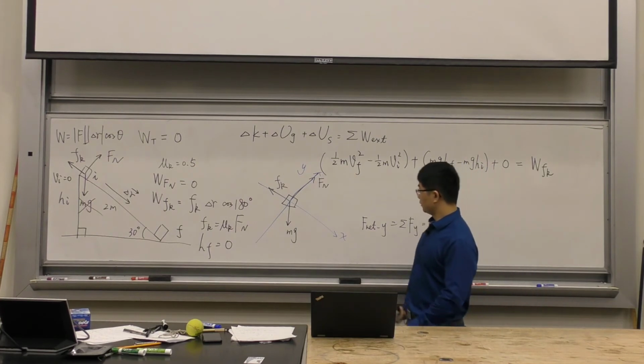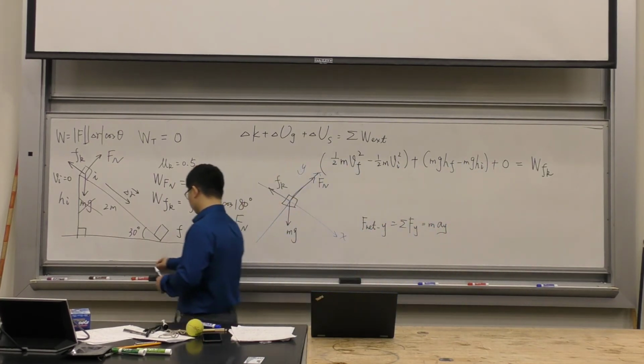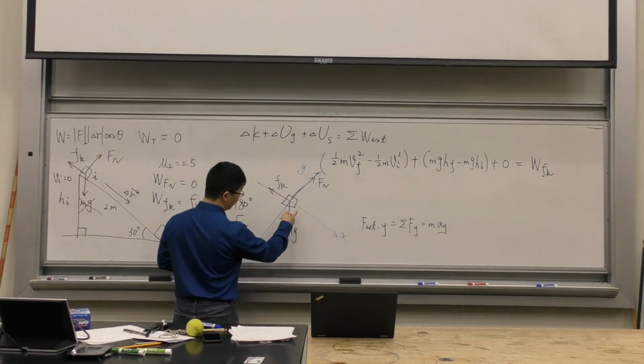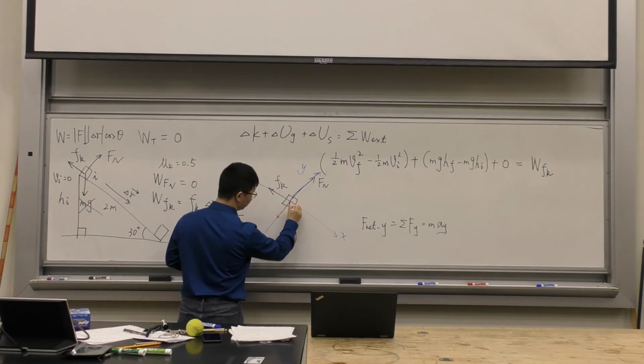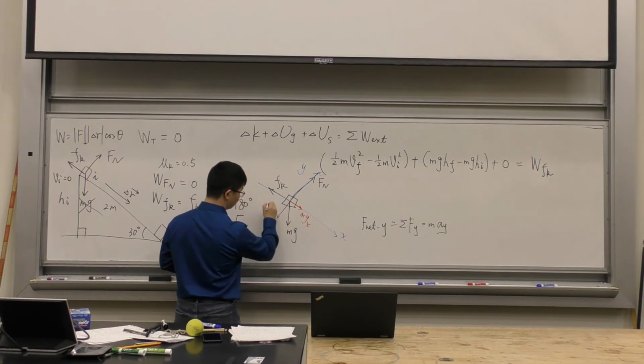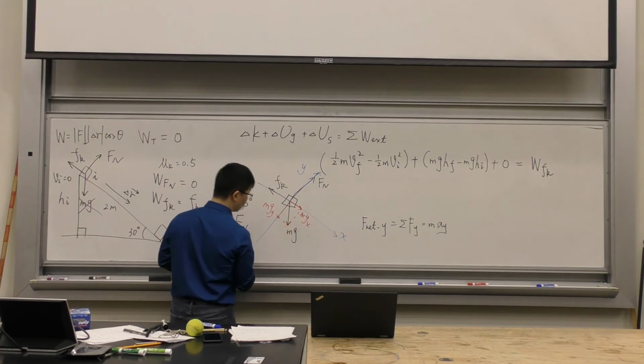So then you see that we have done that before. You need to break gravity into x and y components, but in this case, we only need the y component.